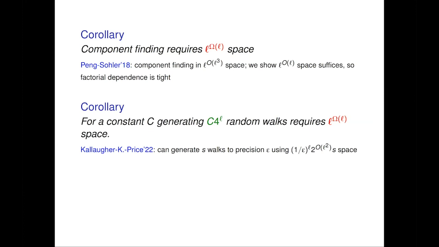So given the transcript of the walk, I will know the size of the connected component that the walk was walking around on. So I can take this connected component, map it back to my streaming cycles instance, and I will know the parity. Okay, so then we get that generating an exponentially large in L number of random walks in a random stream requires L to the omega L space, so factorial in L space. Doesn't quite match the known upper bound, but at least establishes that exponential dependence is needed.